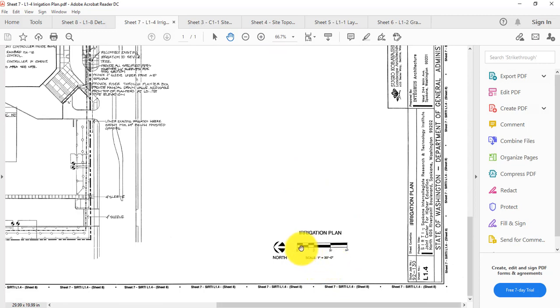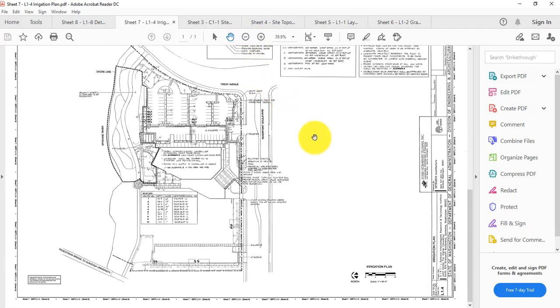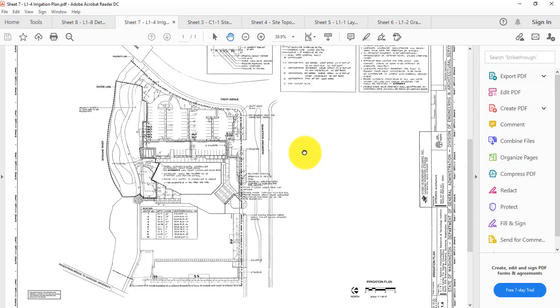But if you draw one of these graphic scales, then the drawing itself can be enlarged and reduced in size, and you still have a pretty good idea of how far it is from 0 to 30 feet right there without using a scale. So it's a great way to keep track of the scale even if the drawing gets enlarged or reduced.